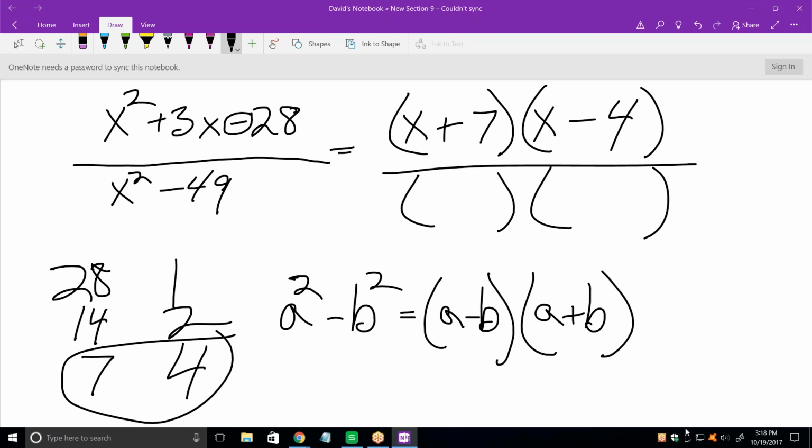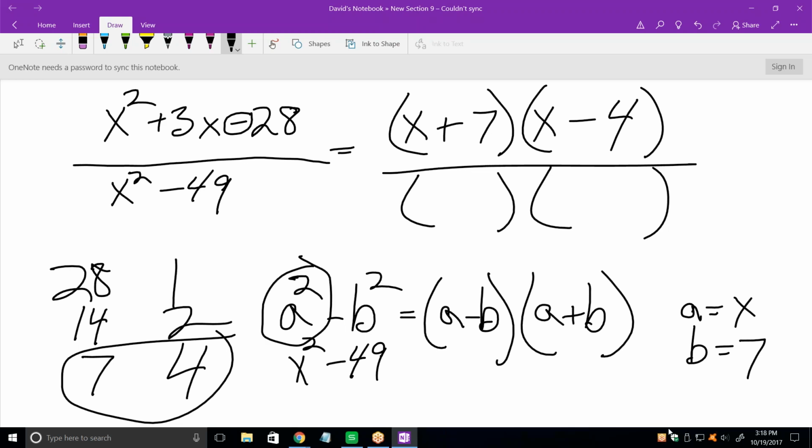So in our case, I have x squared minus 49, so a must be x and b must be 7. In other words, a is going to be the square root of that, and b is going to be the square root of that. So how does x squared minus 49 factor?